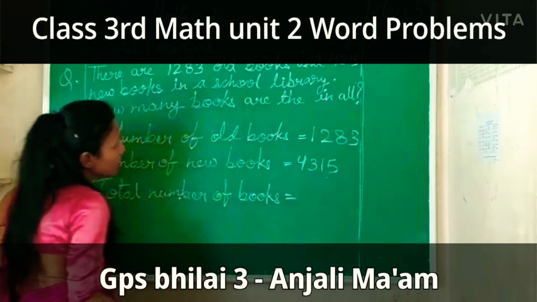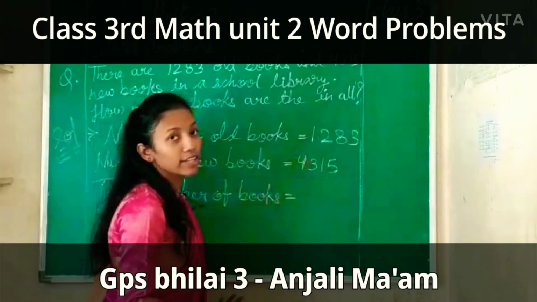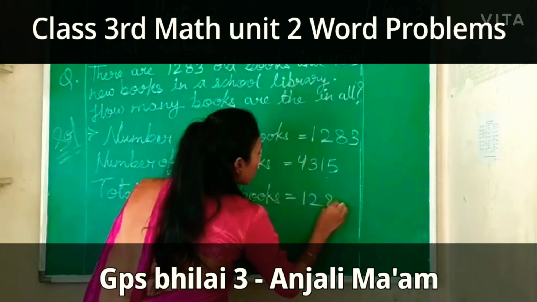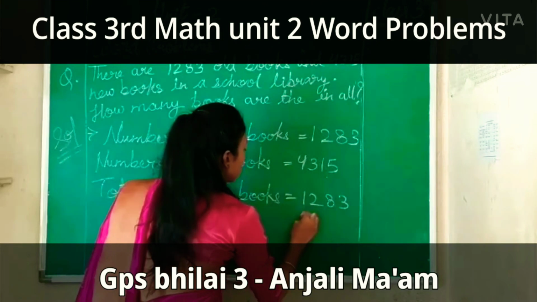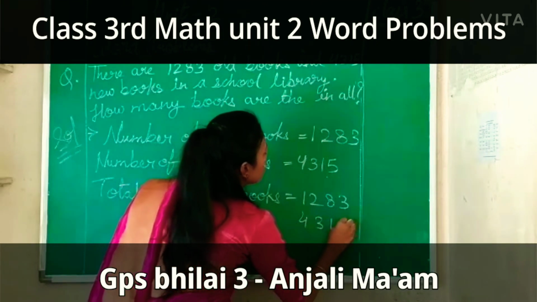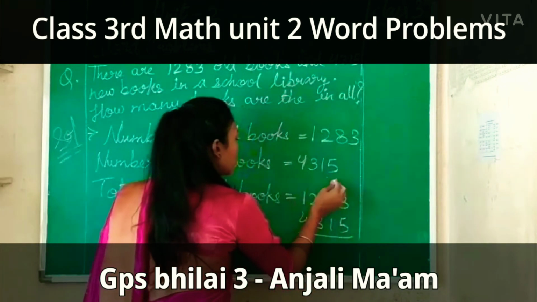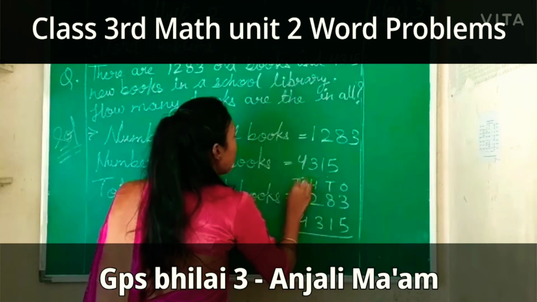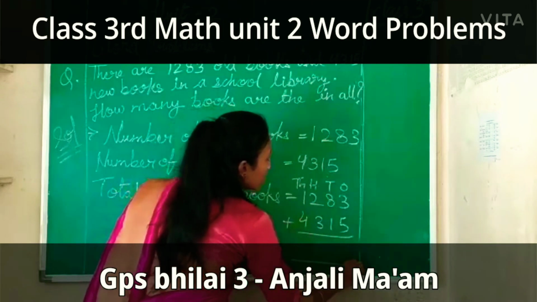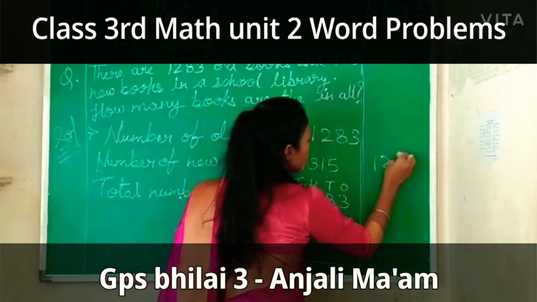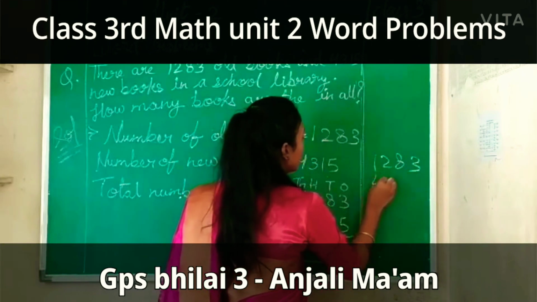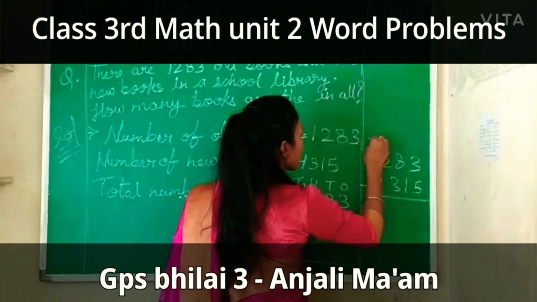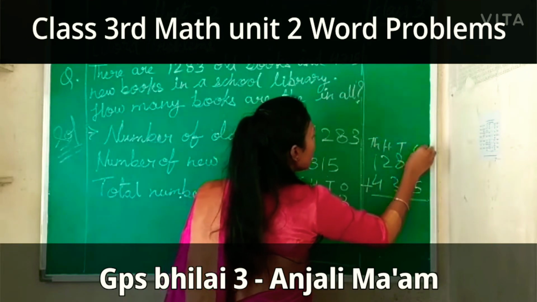How can we find it? We will add these two numbers to get the answer. Here you can add these numbers as 1283 and 4315, and then tens and ones.